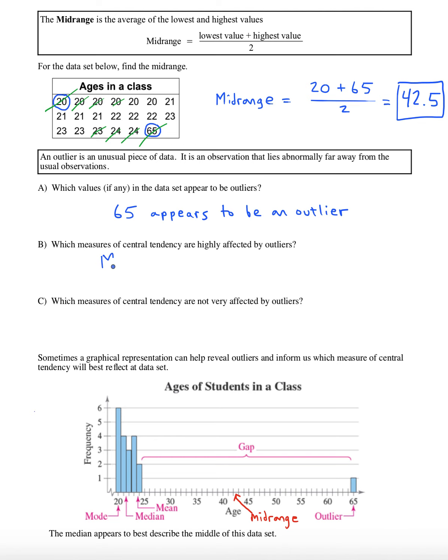So I'm going to say the mean is highly affected by the presence of an outlier, and certainly so is the midrange. And that means the mode and the median are not so affected.